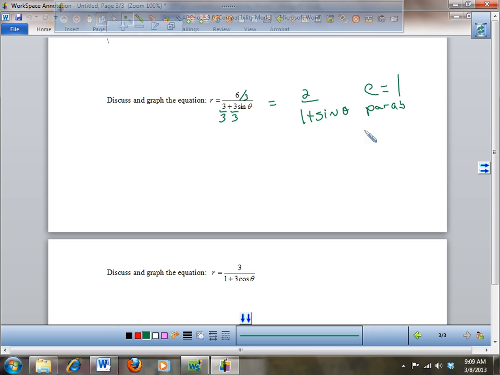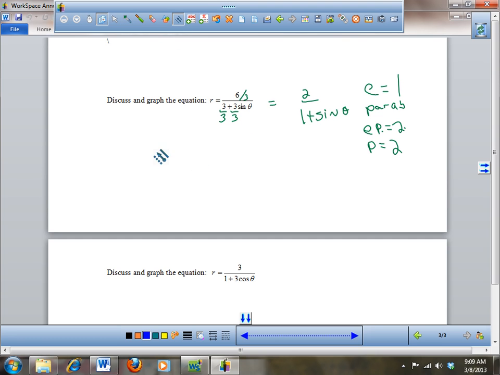And I also know that EP equals 2, sorry, EP equals 2. So P equals 2, right?